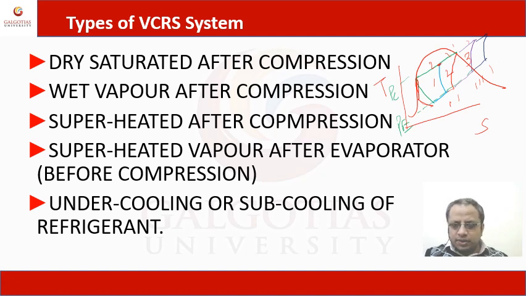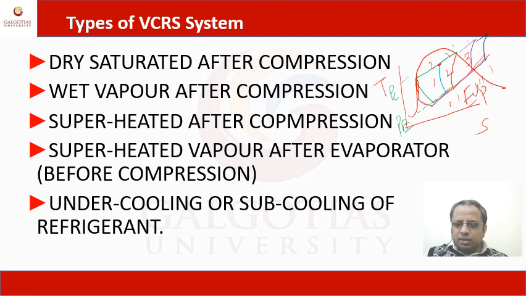Now another process is superheating before the compression, because this is the process of evaporation. This line is the evaporation line. So after the evaporation and before the compression, the state of the refrigerant is superheated. During the evaporation, suppose a refrigerant has a 20 degree temperature at the superheated condition.